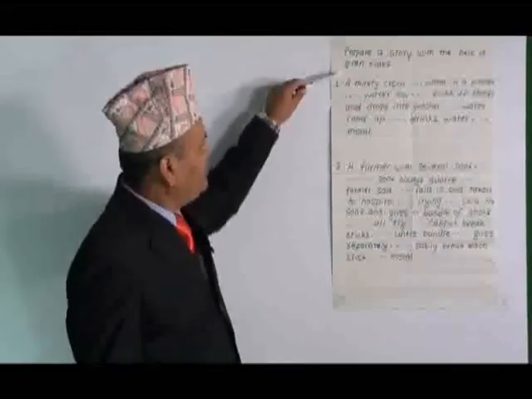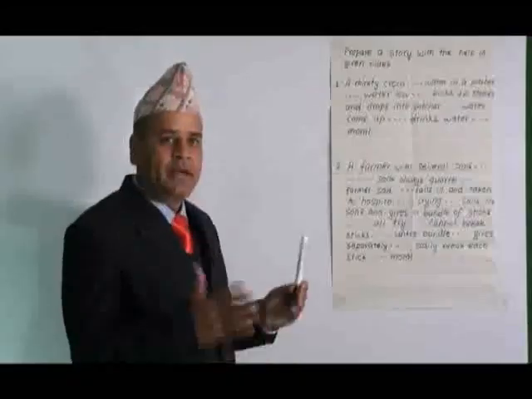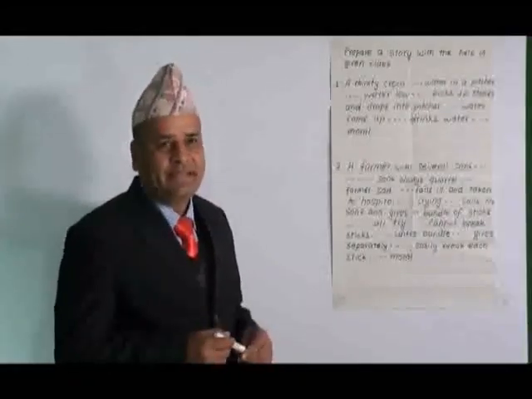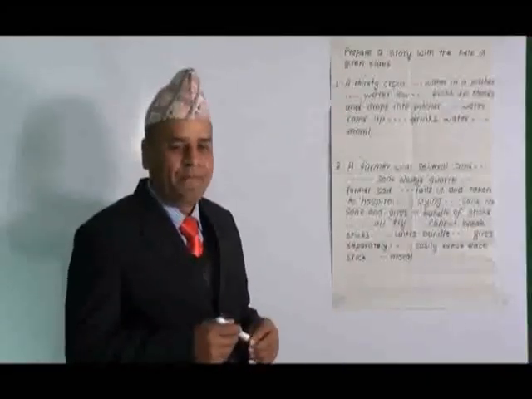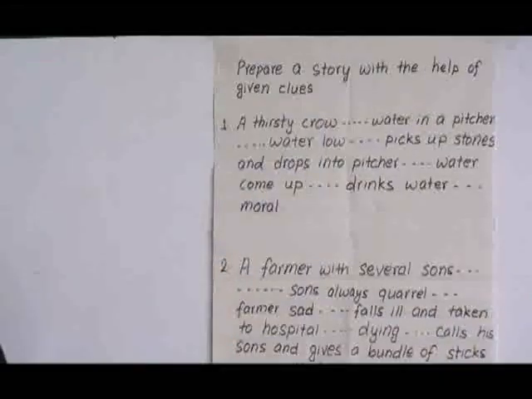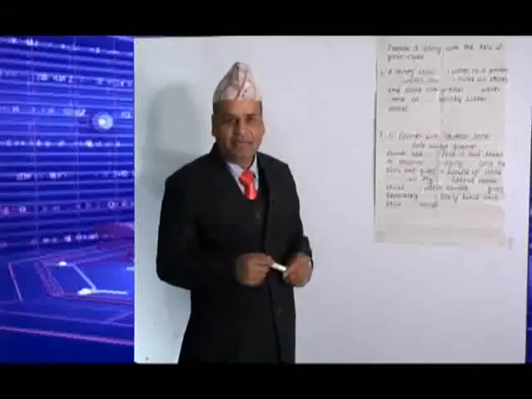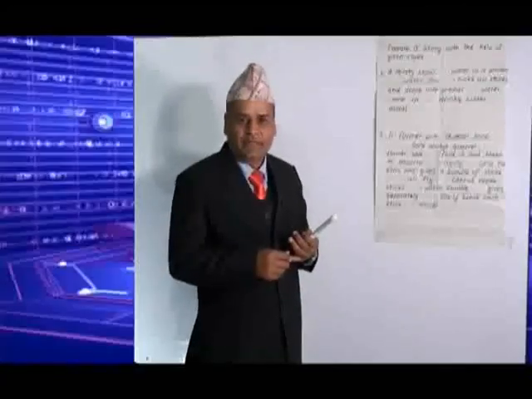Now we have got the clues, and with the help of the clues or guidelines or outlines, we are going to write a story. When we complete the story, as I mentioned earlier, we need a title and morals.